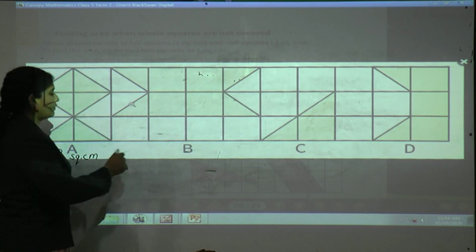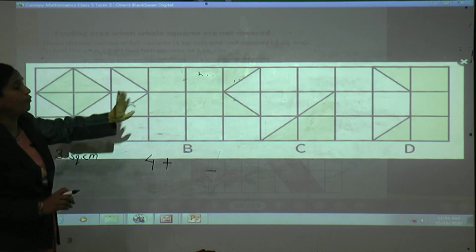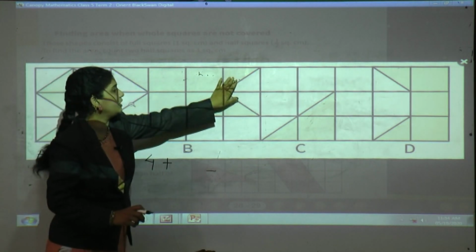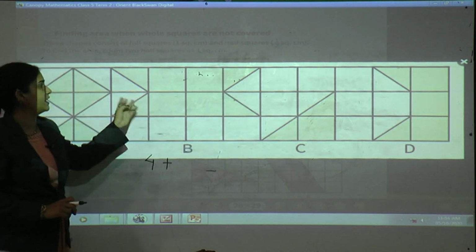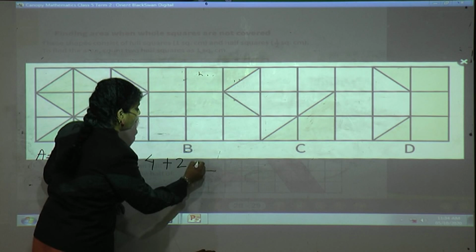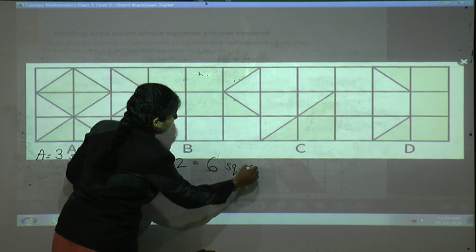Plus here are the 4 half squares also: 1, 2, 3, 4. That means it makes 2 full squares. So 4 plus 2, 6 square centimeter.